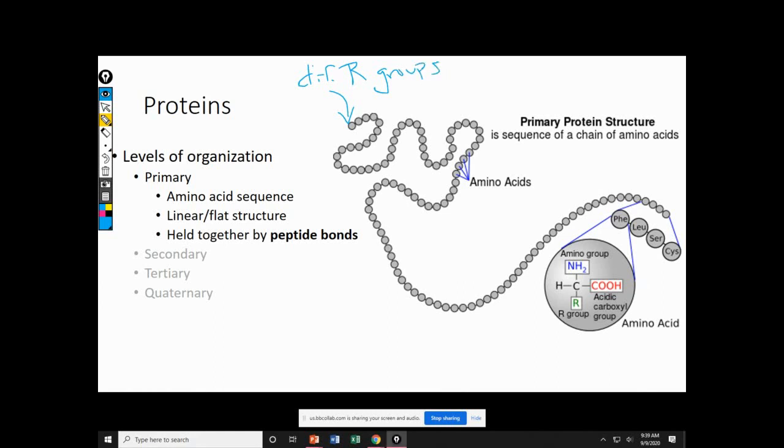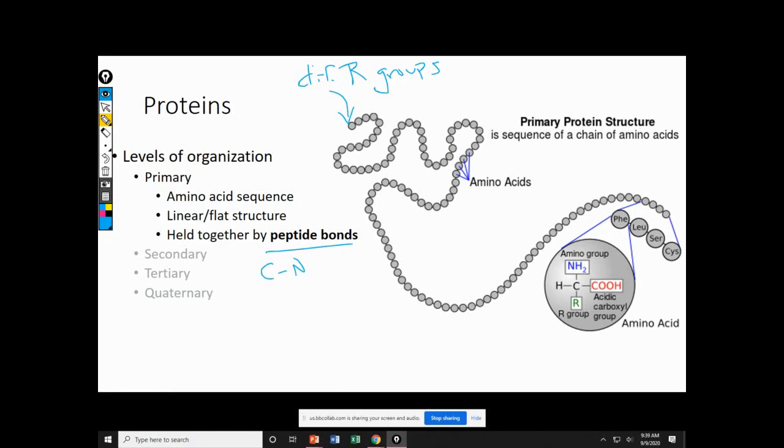Now, obviously, there's going to be some repetition, because many of these are going to be hundreds or thousands of links long. But you can ultimately get a lot of variety. And remember, this is held together by those peptide bonds. Okay, the ones we created via dehydration synthesis between that carbon and that nitrogen.